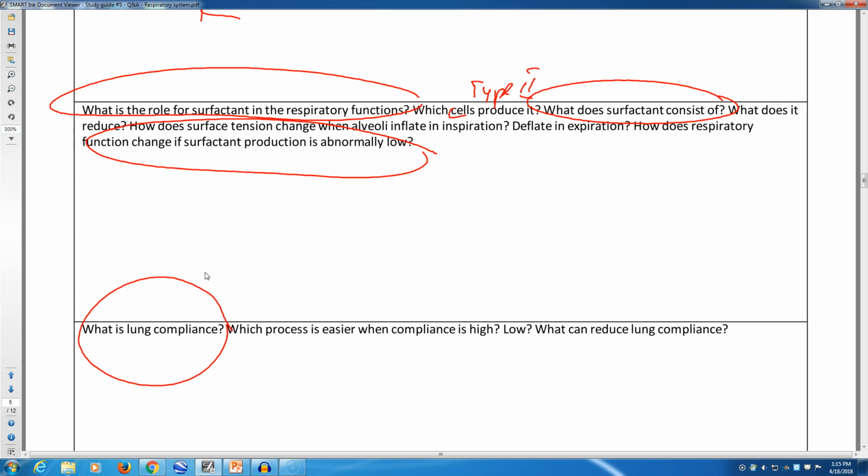So think about this. Lungs with a high compliance are easier to inflate. So in high compliance, it's easy to inspire, but it's really hard to expire. In low compliance, it's hard to inspire, but air leaves your lungs. Expiration is very easy. Okay? And remember, the main contributors to lung compliance: surfactant, yes, absolutely.